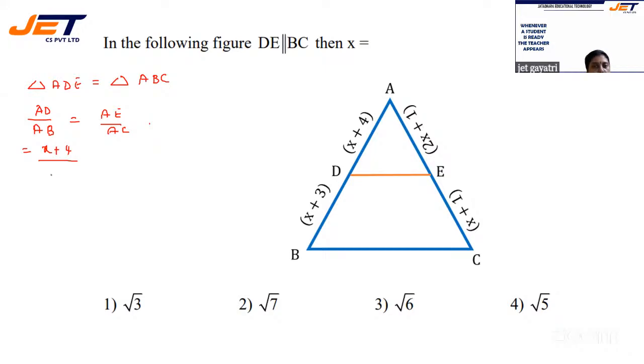What is AB? X plus 3 plus X plus 4, so 2X plus 7, isn't it? Is equal to what is AE? 2X plus 1. What is AC? X plus 1 plus 2X plus 1, that is 3X plus 2.